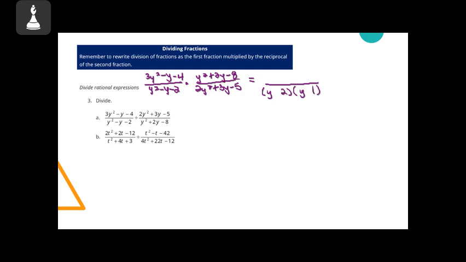So -2 plus 1 will be that pair. Working with this one up here, we want to multiply to -8 and add to 2. So that will be 4 and 2. I want to have +2 in the end. So +4 and -2 will give me that pair.